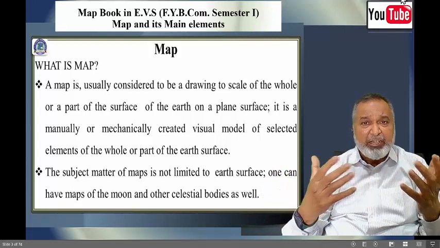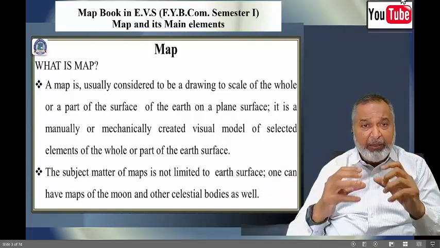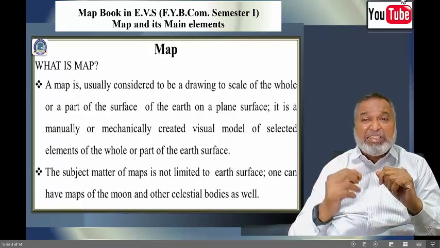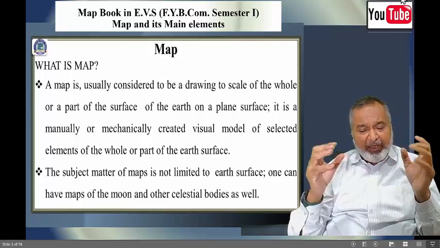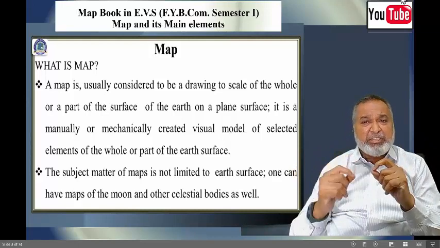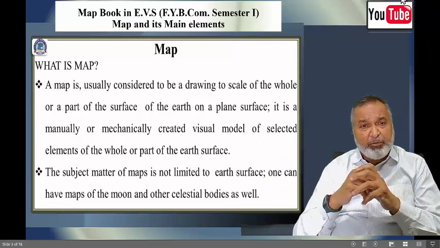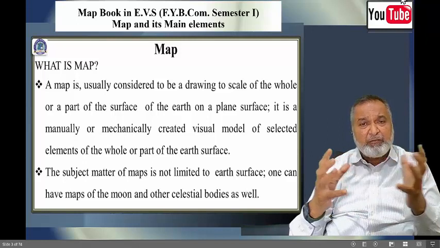But when you are taking this particular map, it has been drawn on a proper scale. That is very important. The drawing or picture has been taken at a particular scale, that is, 1 centimeter is to how many kilometers, and based on that it will be decided how much area will be covered.